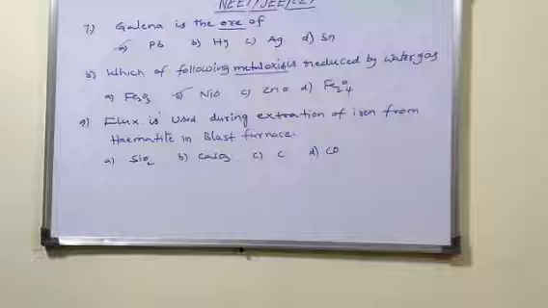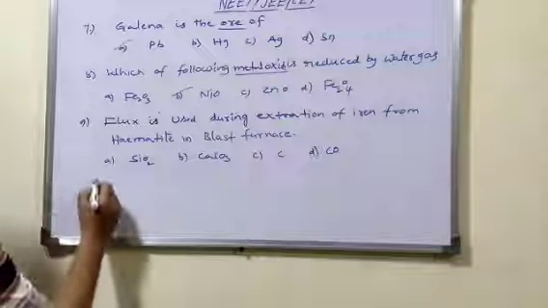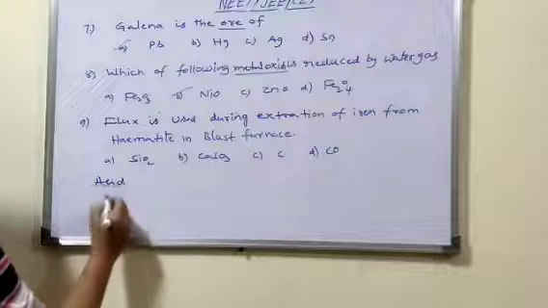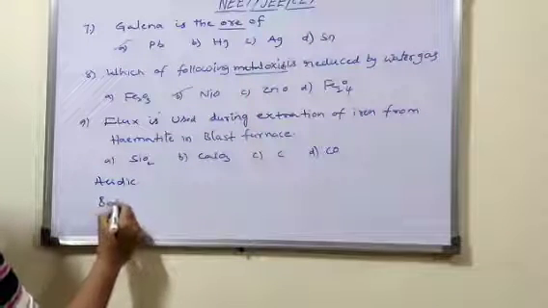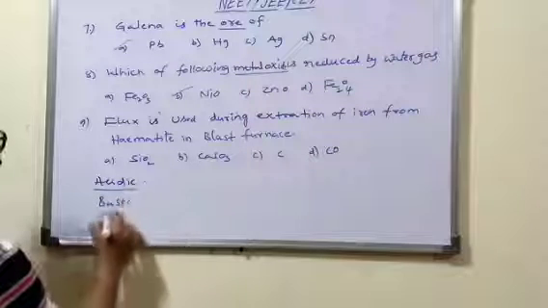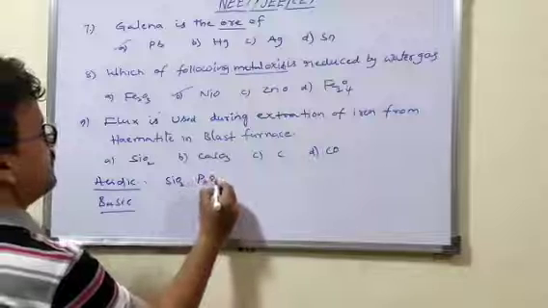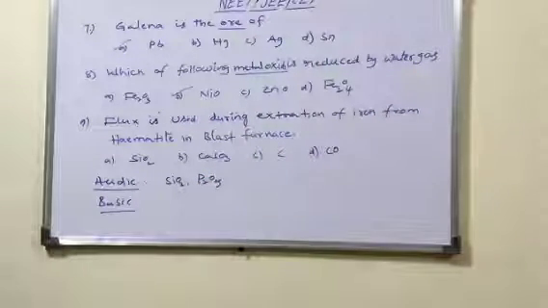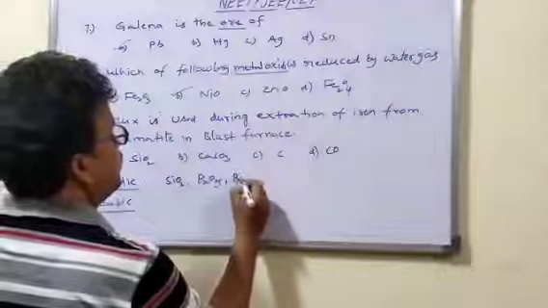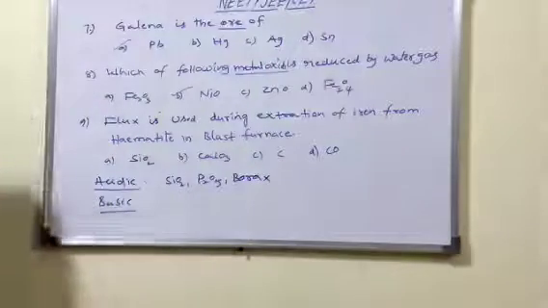Look here, flux. We have two types of flux: acidic fluxes and basic fluxes. Acidic fluxes we have like SiO2, P2O5. Remember this, for PUC also important. SiO2 is acidic, P2O5 is acidic, and borax is also an acidic flux.